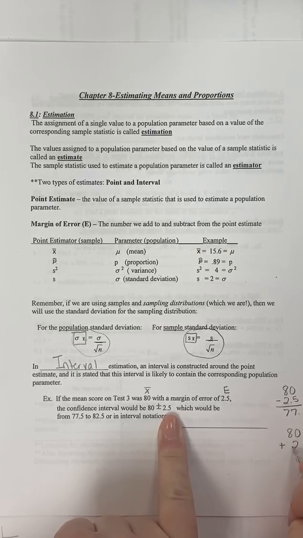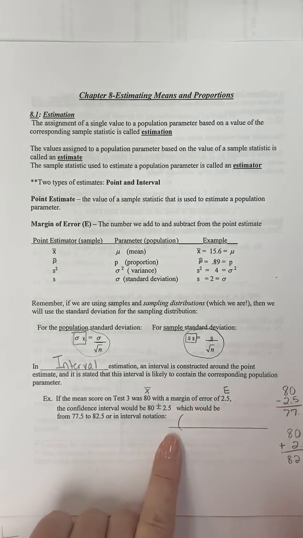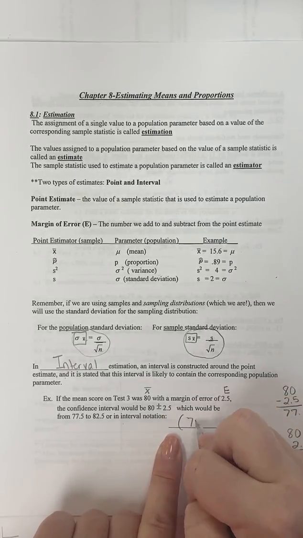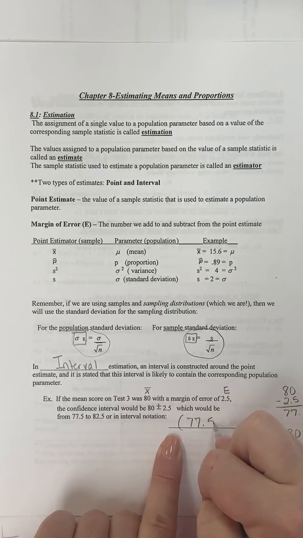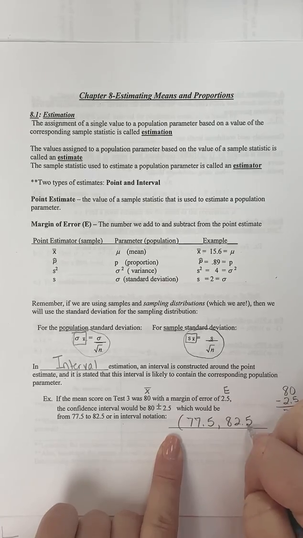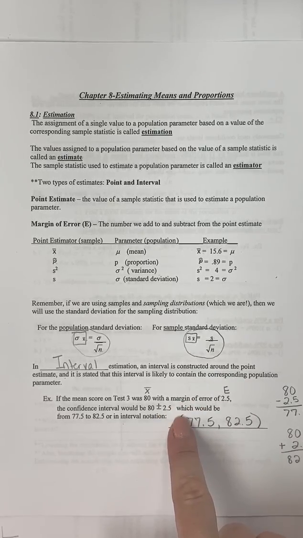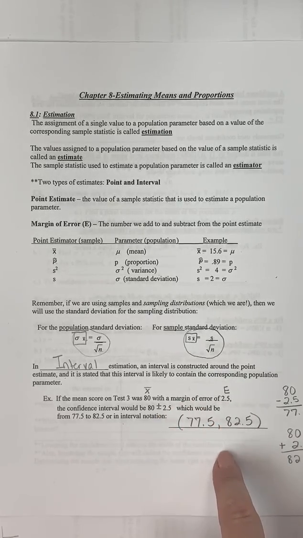We take our 80 and add 2.5 and get 82.5. And this would create our interval. We write the smaller, comma, the larger, and that's our answer. We put parentheses around it. This is our interval. And so we believe that the actual population mean is somewhere in this interval. Okay, that's what we did.